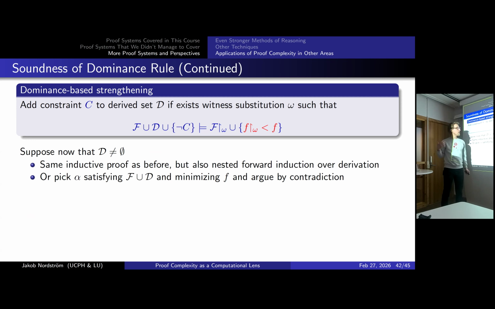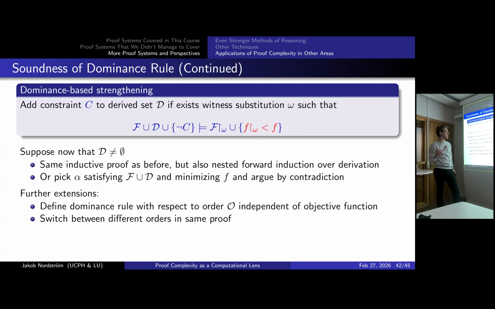Suppose that now we're further into the derivation and we have derived more things. Well, then it's not so hard to actually just do nested induction to prove the same thing. One way of thinking about it is to pick alpha to be the minimal assignment with respect to the objective that satisfies F union D, and then you just do a contradiction on U. And in fact, you can also define this in general.